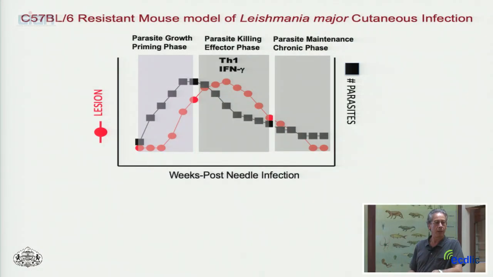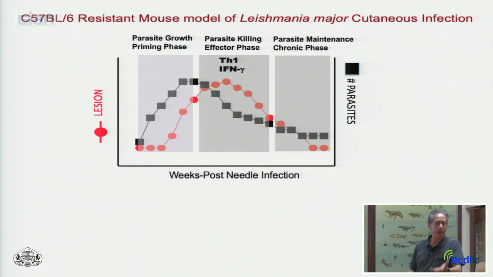We discussed, I guess it was yesterday, why that might be, in terms of these tissue-resident macrophages that, even in the presence of high levels of interferon gamma, are not activated for killing. So they're a beautiful intracellular niche for these kinds of pathogens.